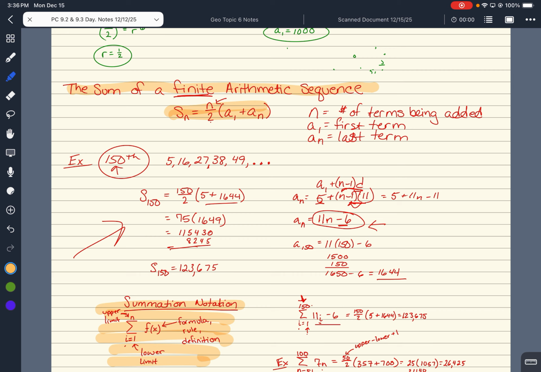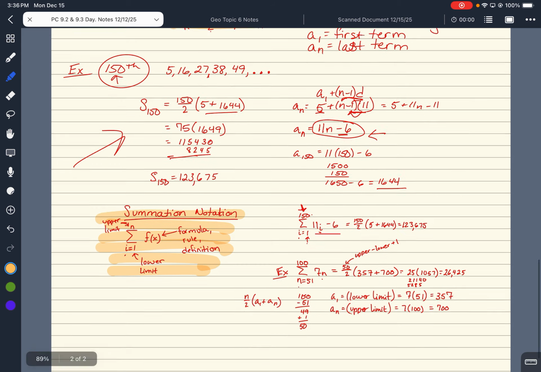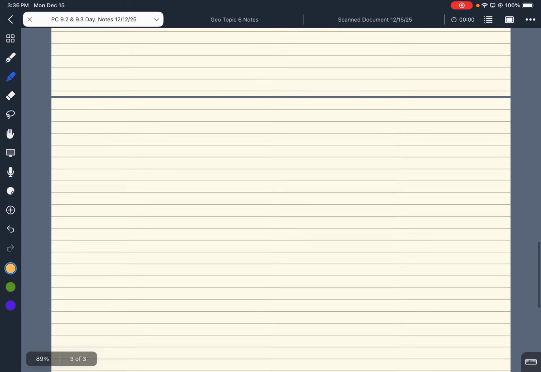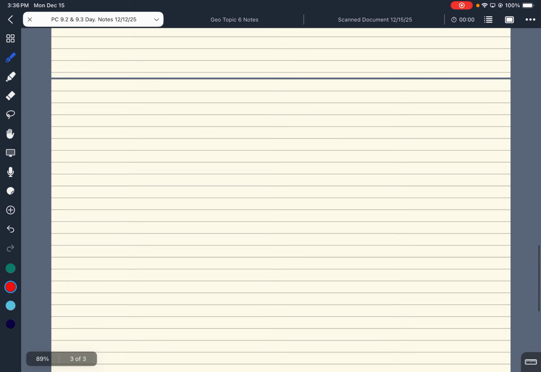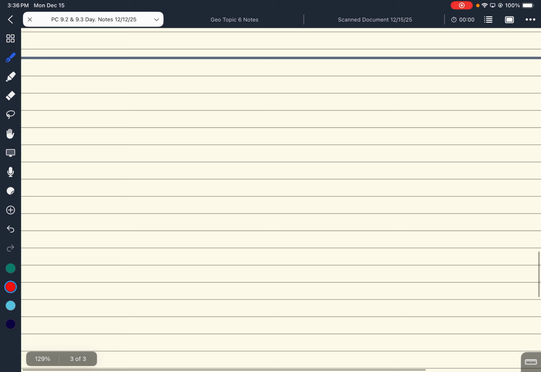Is there ever an end to infinite? No. So could I ever add up all the digits of an infinite? No. But I'm going to tell you when we get to geometric, we can do infinite. But first we're going to go with a finite. So the sum of a finite geometric.